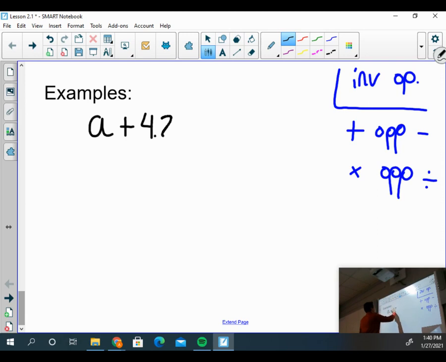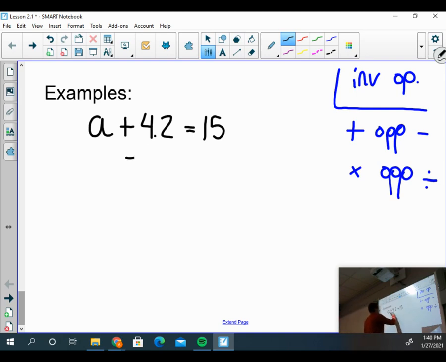Again, I would recommend pausing the video and trying this one on your own. Okay, hopefully you tried it. Check your work with mine. I'm trying to figure out what A is, what is the solution for the variable A. So what I'm going to do is, I want to get A by itself.